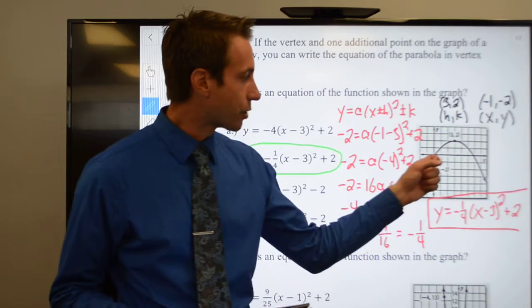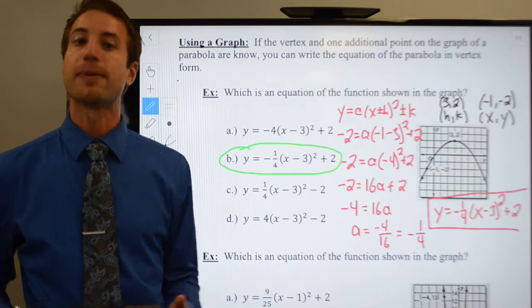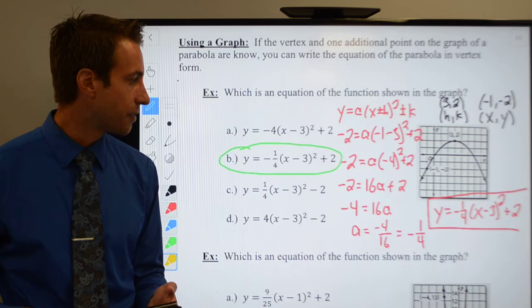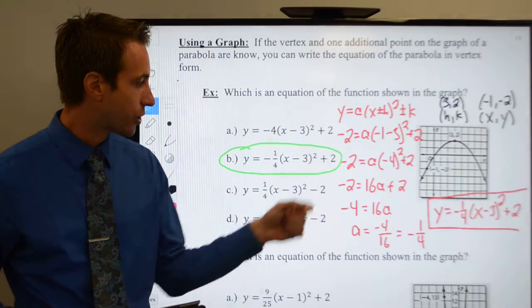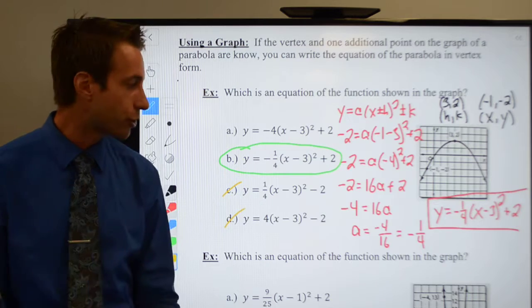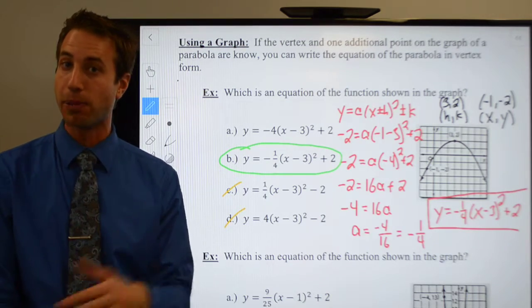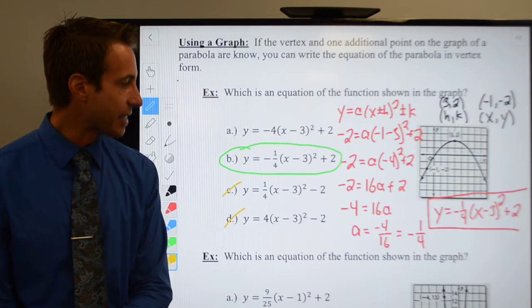I know that my function has been shifted 2 units up, which means my k has to be +2. Two choices have +2 and two have -2. So I can eliminate those answer choices because I know that k isn't the right value. It should be +2 and both of those have a negative 2.